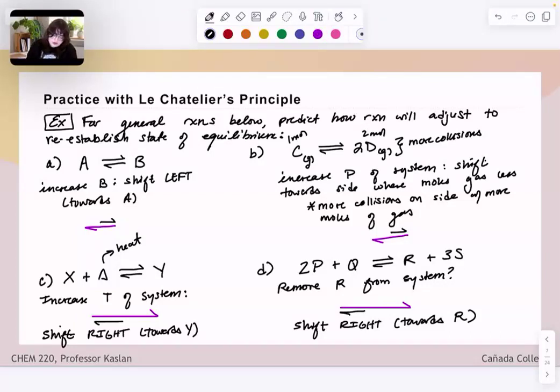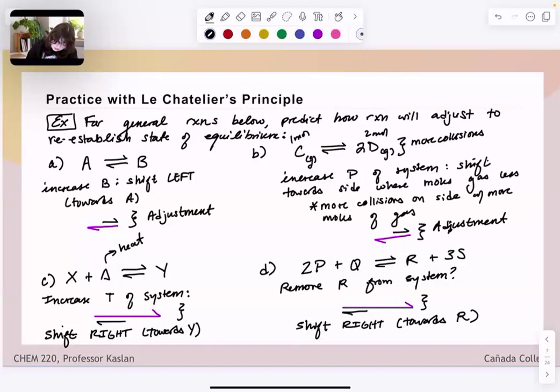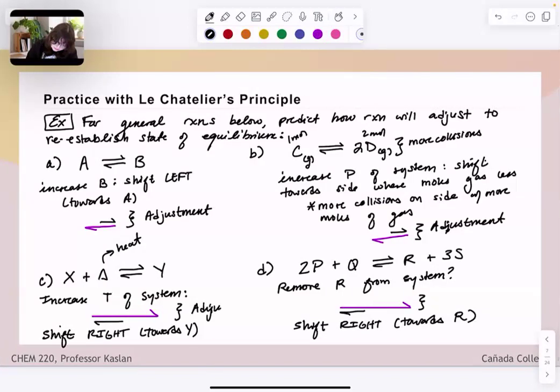So these are the adjustments that are made by Le Chatelier's principle. Like what I've drawn here, and how our system will momentarily correct or make a change in the rate of the forward or reverse reaction. So this is the adjustment, adjustment, adjustment, adjustment here.